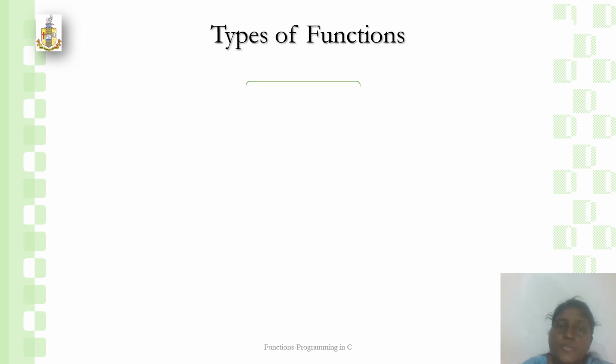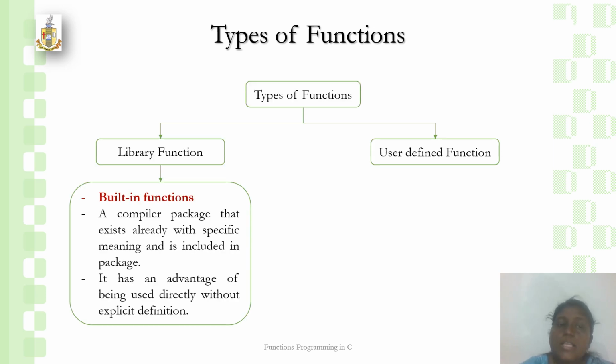Next, we are moving on to the topic types of functions. There are two types of functions: one is the library function and the other one is the user defined function. The library function is the built-in function, already built in the compiler package, which has a specific meaning and is predefined in the package. So it has the advantage of being used directly without explicit definition.